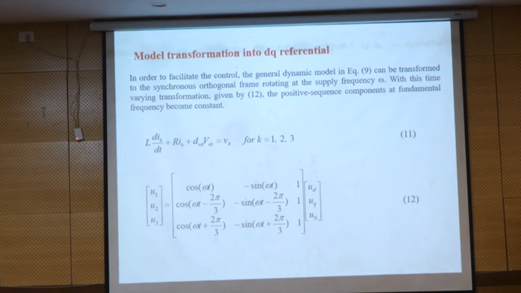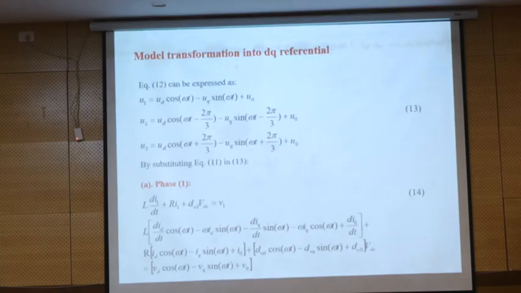So if we get back to this, L is a constant, R is a constant, VDC is a constant, but we should consider di/dt, Ik, and also dnk and vk, and transfer from ABC to DQ. By this assumption, we follow these three equations.